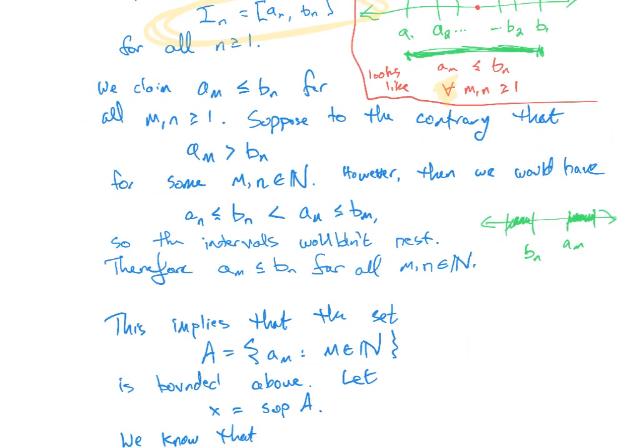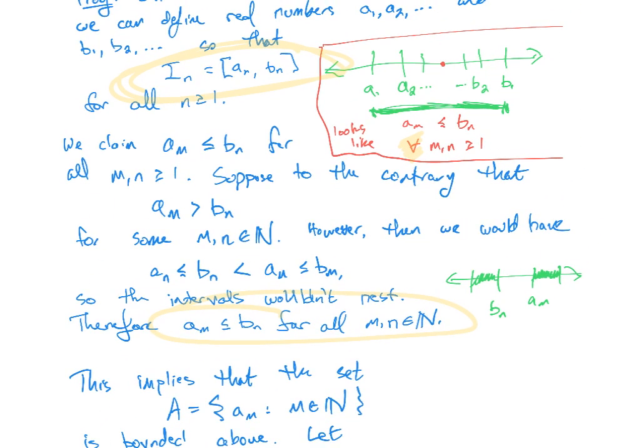Then we established that they behaved like our picture said they did. If you were completely lost in this proof, drawing that picture is pretty important, so you can see what's going on. That red dot in that picture, that is X. It's the supremum of the A's.